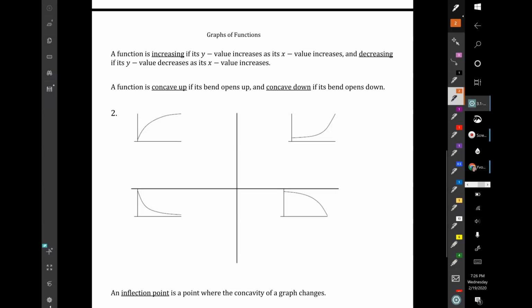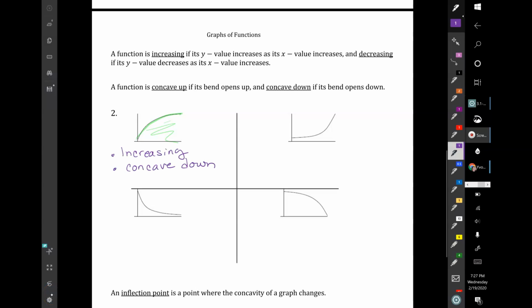So let's just really quickly look at number 2 here. This one is increasing, and it's concave down. It's kind of like if it were a bowl, all this stuff would fall out.